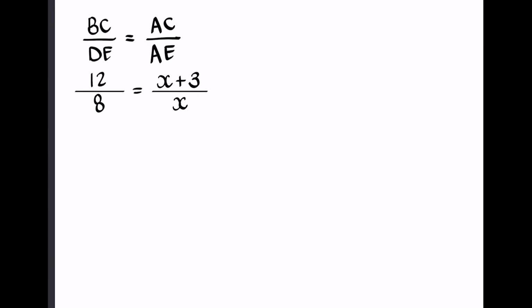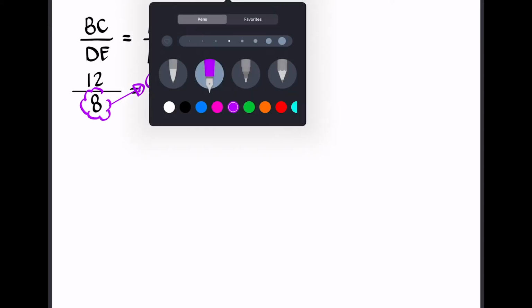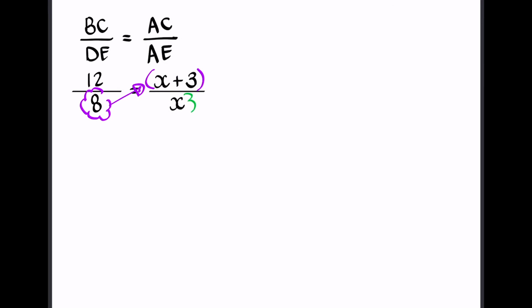All right, so now I have my sides in proportion, and I'm going to work the exact same way that I have been working. So I'm going to take the bottom and multiply it with the top. But at the top I have a binomial, so I'm just going to put it in brackets. And then I have the X at the bottom, which I'm going to multiply with the 12 at the top.